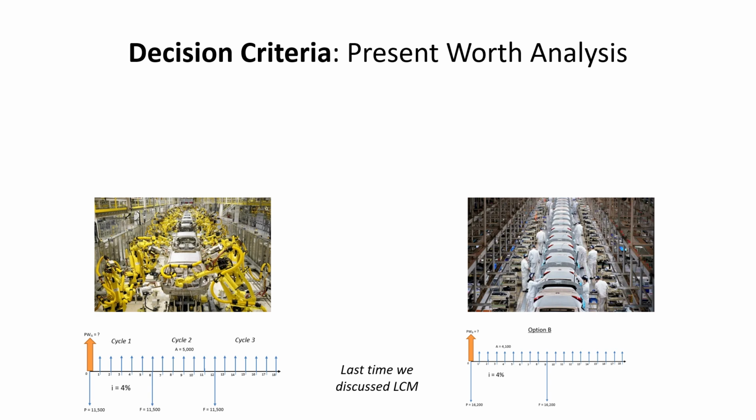And then another warning I gave you was that sometimes it's tempting to buy the item again in year 7 instead of year 6, because people see that they've already got an arrow in year 6. It's the arrow up, that last year of revenue. But the reminder is that you want a continuous and unbroken period of equipment in operation. So if option A finishes at the end of the 6th year, then you need to buy it again at the beginning of the 7th year, which is time 6.